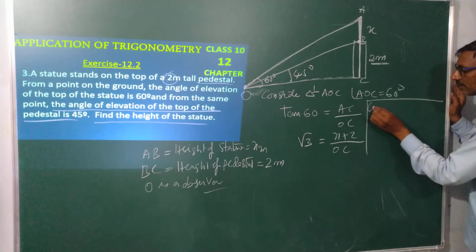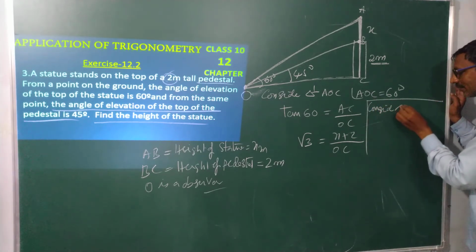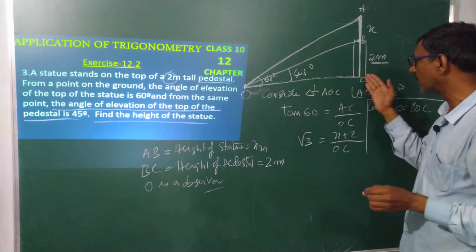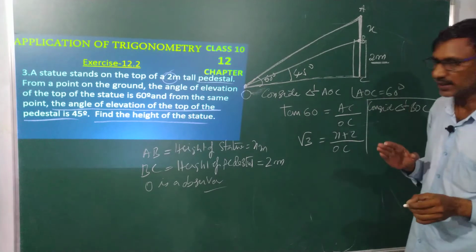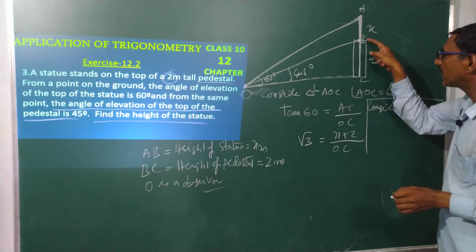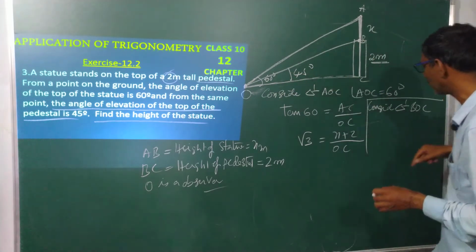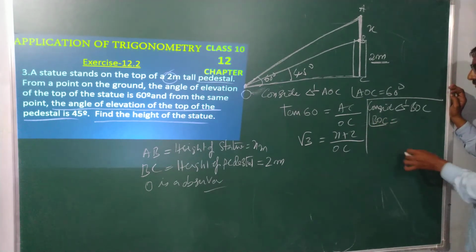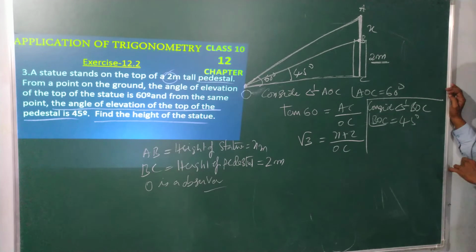Now, one more triangle. Consider right angle triangle BOC. Here the angle of elevation, angle BOC, is equal to 45 degrees.